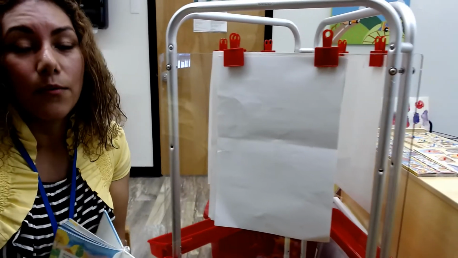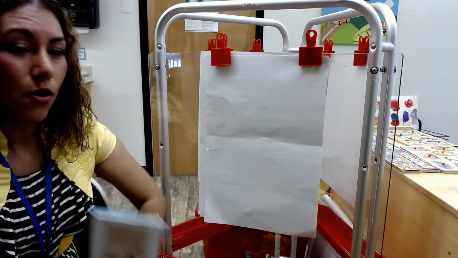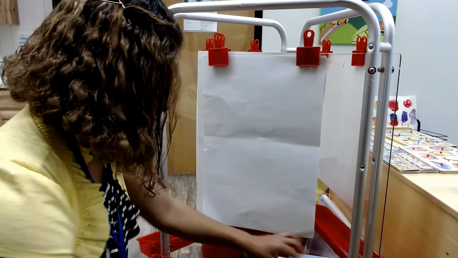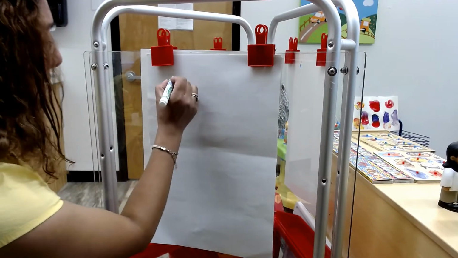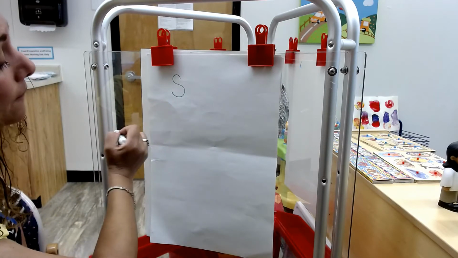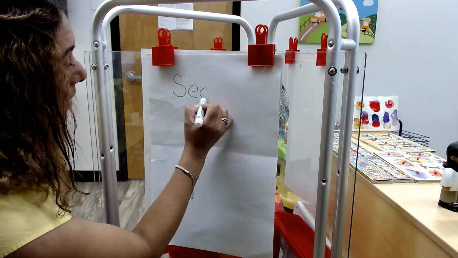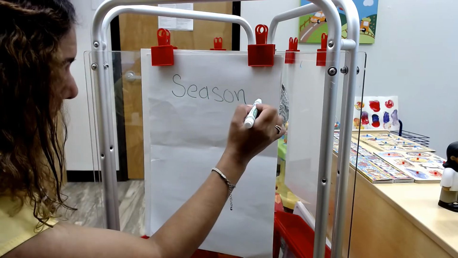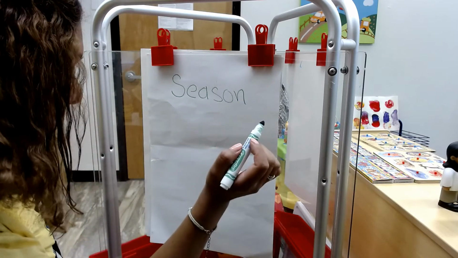So now we're gonna drag the pictures and words that we just learned today. Okay, friends, you ready? Let's start here. So we learned about this word, seasons. And when we write, we start from left to right. So, seasons. I'm not writing right.